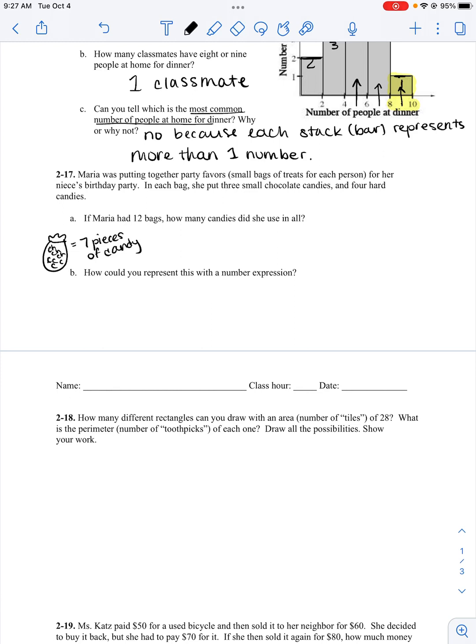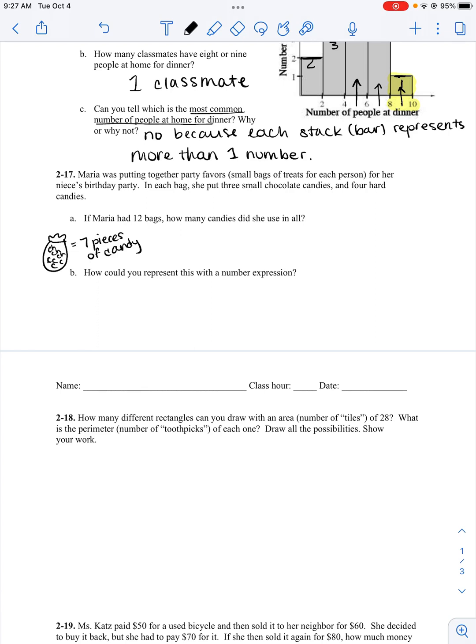That's just for me. Okay, so for part A, if Maria had 12 bags to give out, how many candies did she use in all? Well, if it's 7 candies per bag, I'm going to multiply or add 12 bags together.